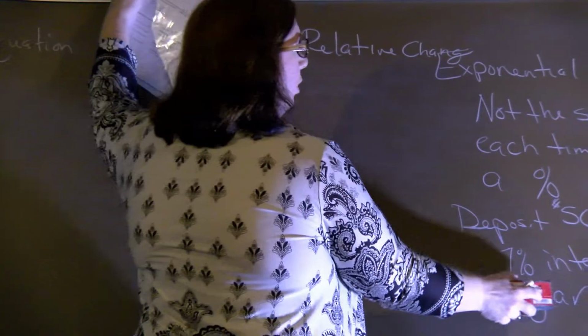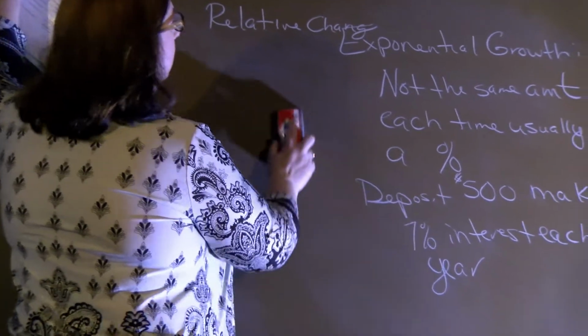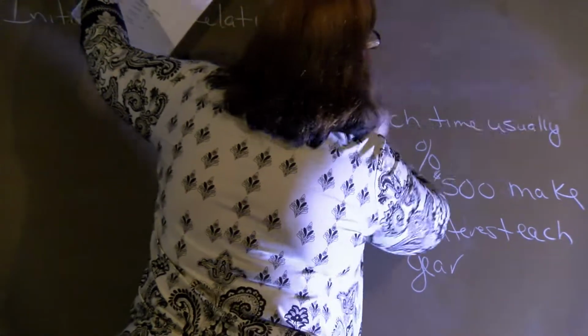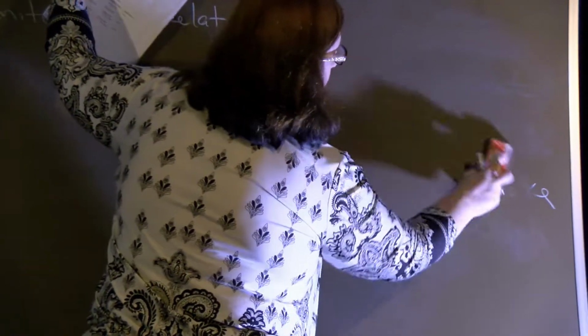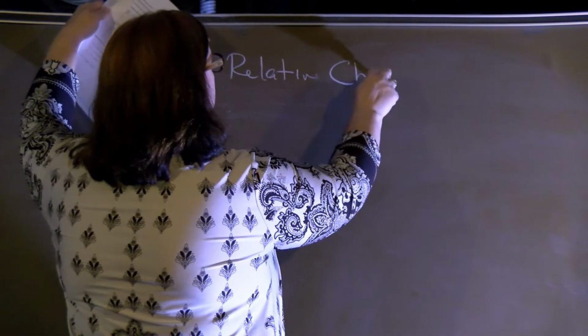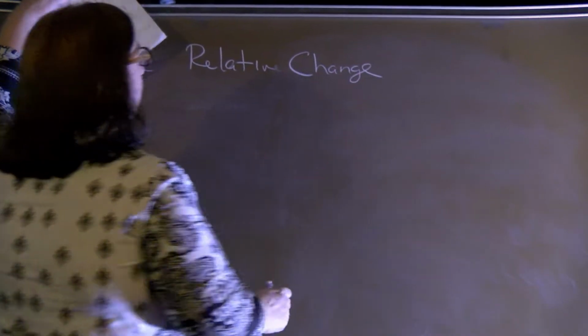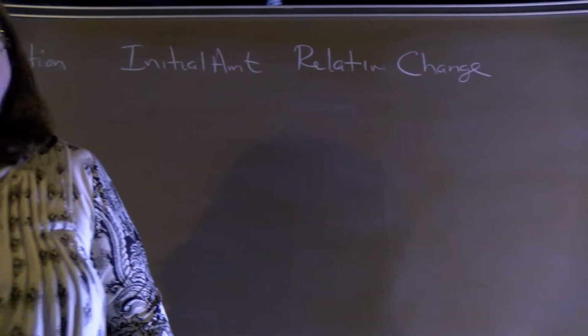The relative change is the percent, and if it's increasing or decreasing. So when you're stating relative change, you want to say whether it's an increase or a decrease and the percent.